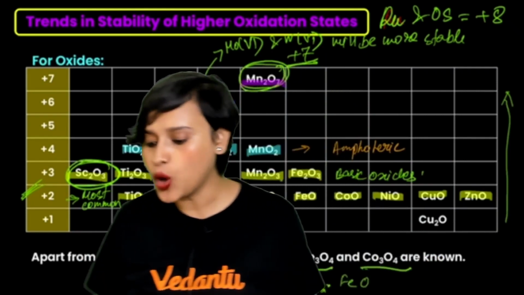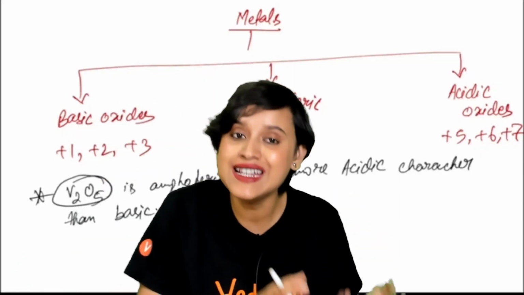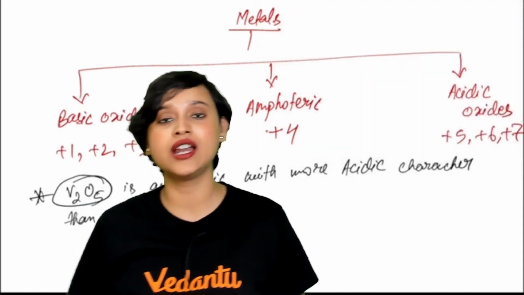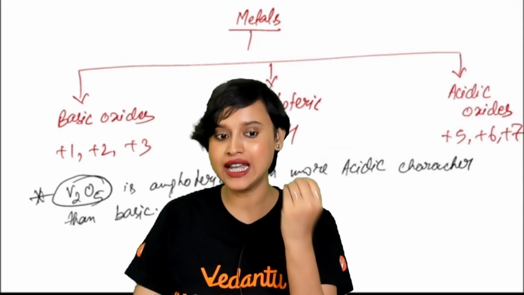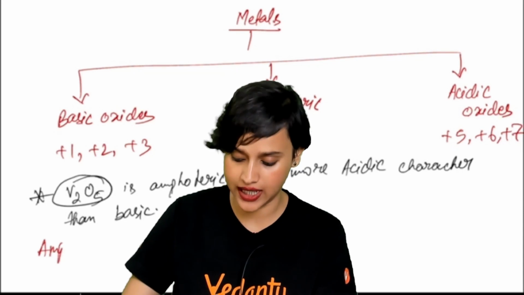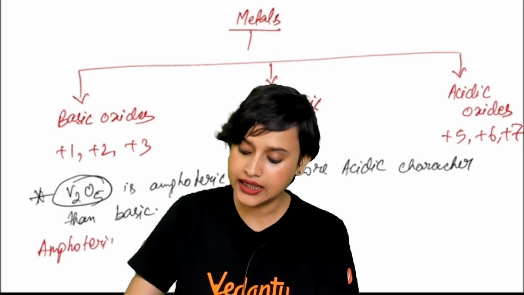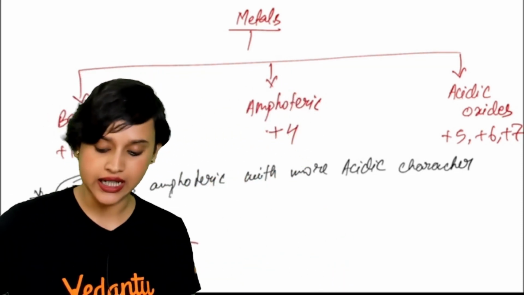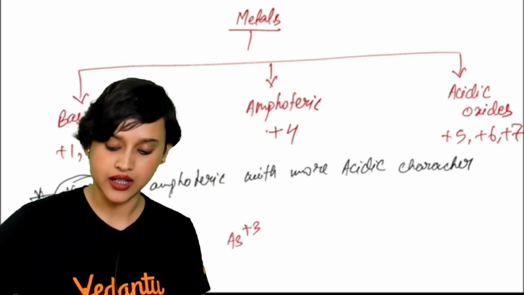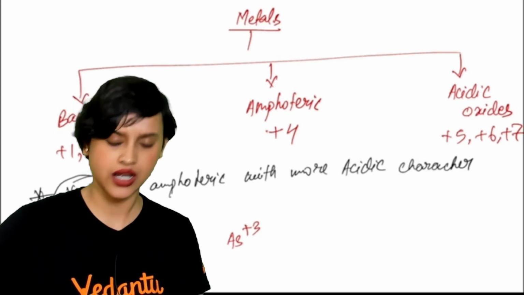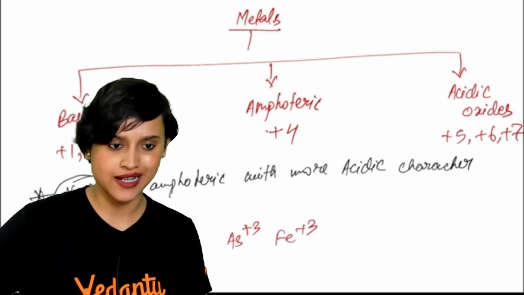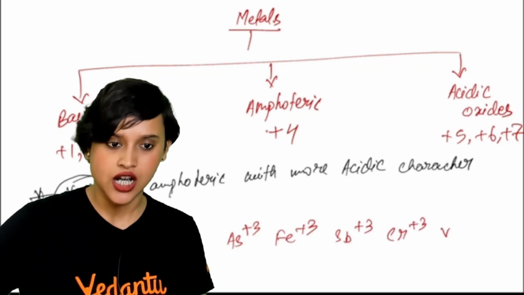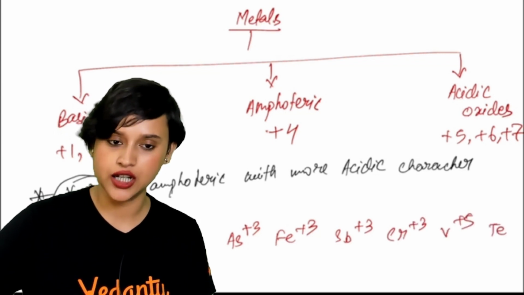Yes, so this was the whole thing about this particular series. Apart from this, let me also tell you which ones, other than this, are amphoteric oxides. Some more amphoteric oxides that you must know, everybody, please take a look: arsenic As+3, Fe+3, Sb+3, Cr+3, vanadium +5 and tellurium +4.